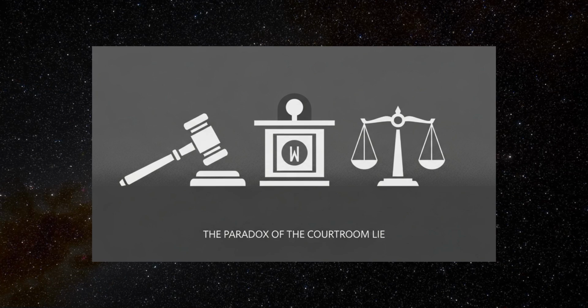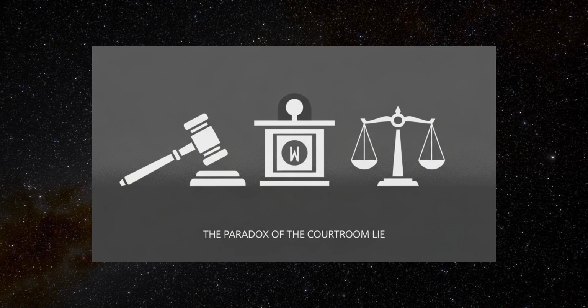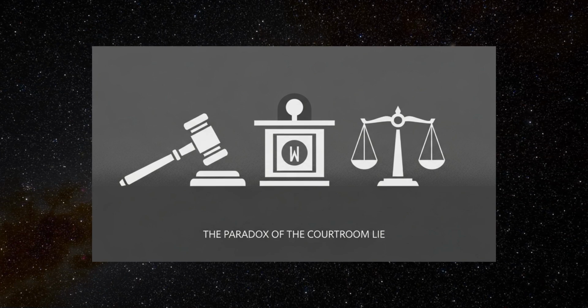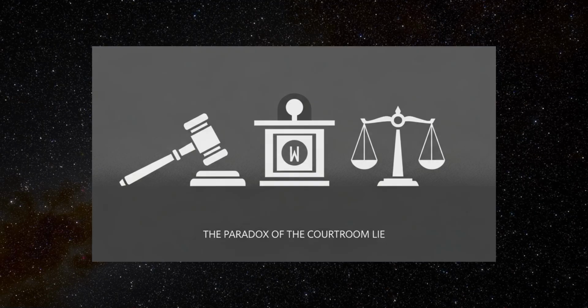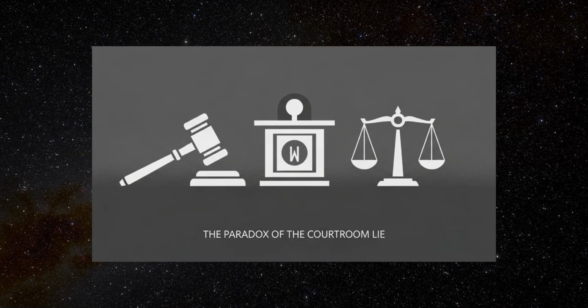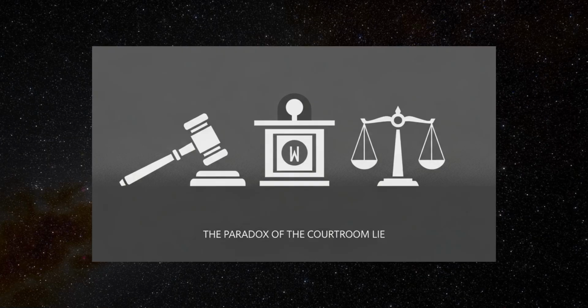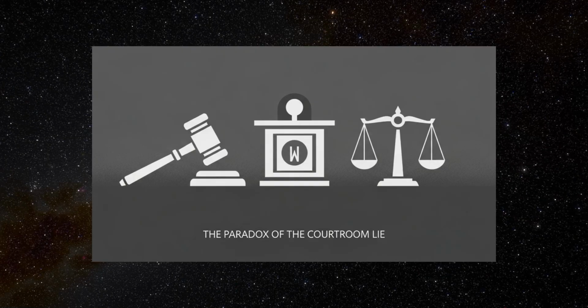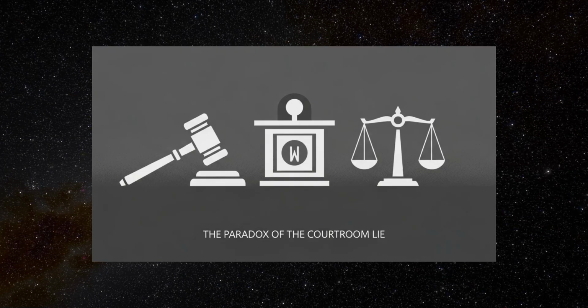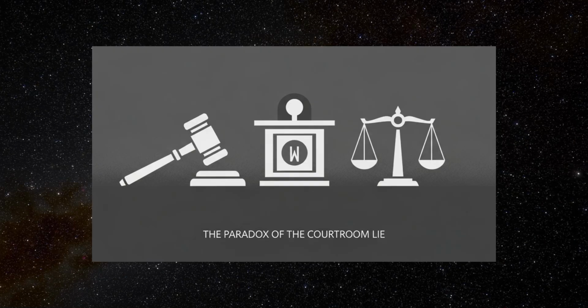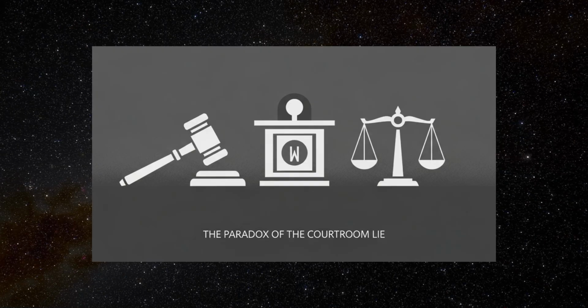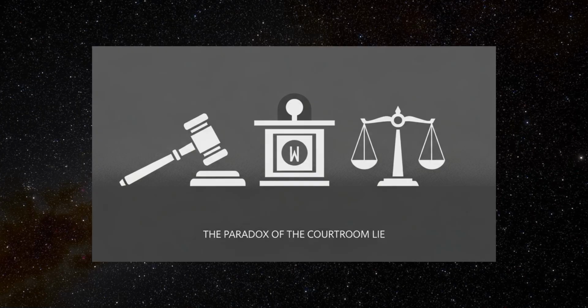In essence, the paradox of the courtroom lie shows how the legal pursuit of truth can be confounded by the very structure of language itself. It reminds us that some statements are not just ambiguous or false, they are logically unresolvable, and that this can have serious implications when truth is treated as both a moral and legal foundation.